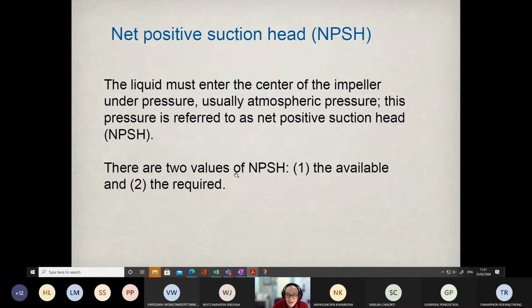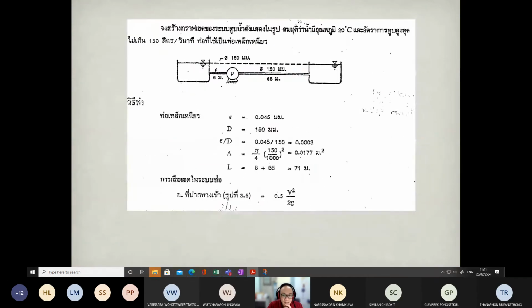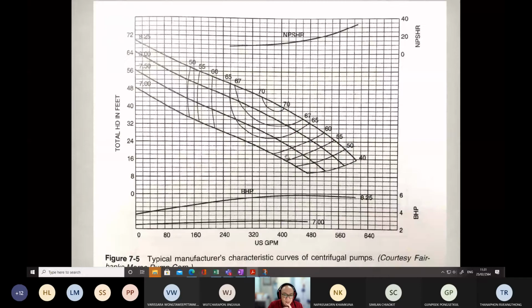The available depends on how we install the pumps, just like in the previous figures I showed you, the figure A installation and the figure B installation. That one we normally call the NPSH available. But for the NPSH required, this information will be provided by the pump manufacturer. If you look back at the pump curve, you will find some information about the NPSH.